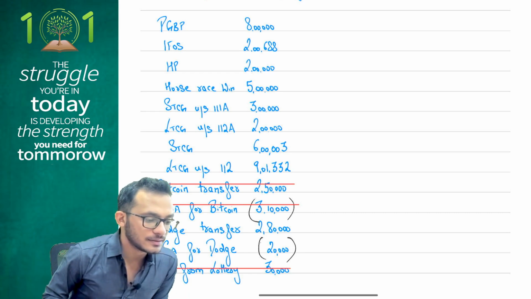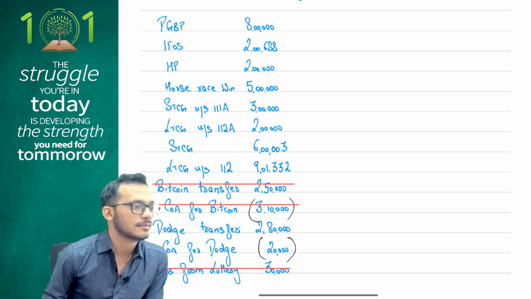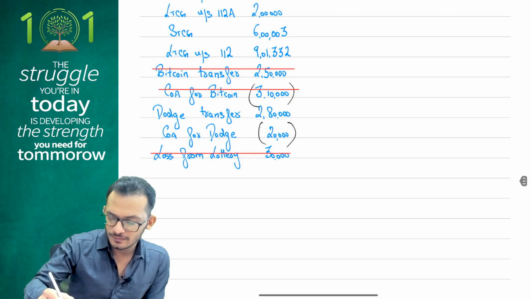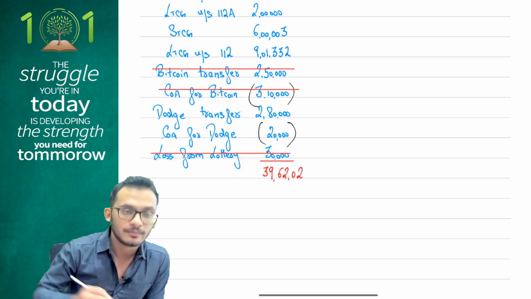Is your answer 39 lakh 62,000 023? Yes, so the answer is 39 lakh 62,002.